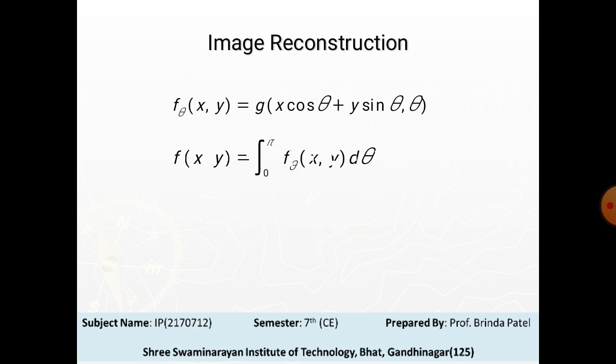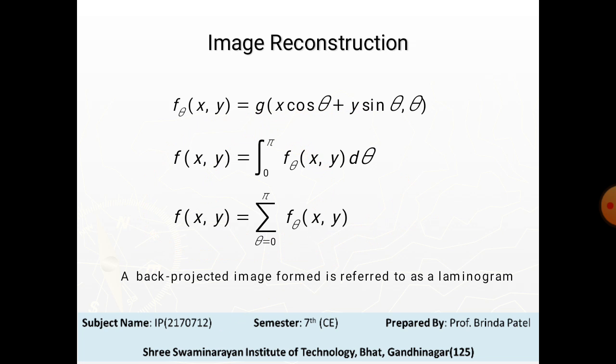We form the final image by integrating over all the back projected images, which is f of x,y equal to the integral from 0 to pi of f theta of x,y d theta. In the discrete case, the integral becomes the sum of all the back projected images: f of x,y is equal to the sum over theta equal to 0 to pi of f theta of x,y.